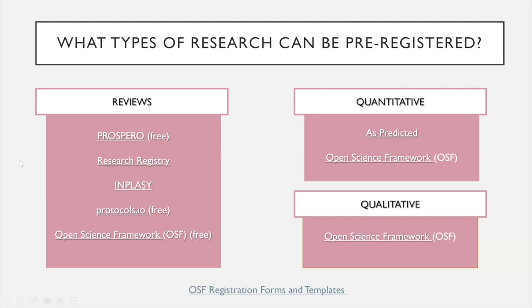Also in the PowerPoint, I put the link, and then we can make it available in our Open Science Framework folder, so it will be easier for us to use it. The Open Science registration forms and templates show us a lot of possibilities, so we can choose what is best for our study.